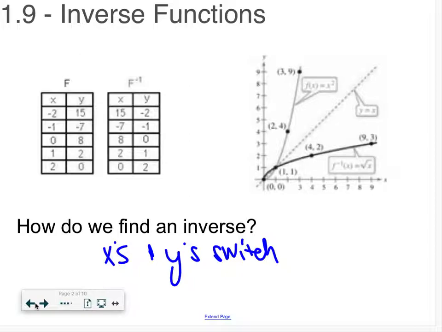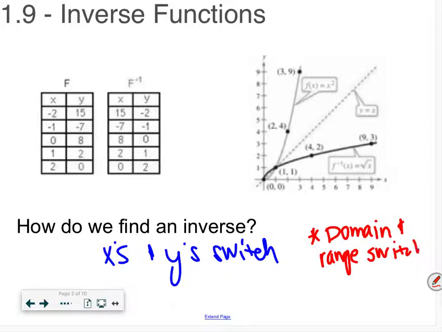Now, when we talk about our x's and y's switching, I want you to make a note to yourself that that also means domain and range. The x's and y's switch places, and that also occurs with our domain, the x's, and our range, the y's.